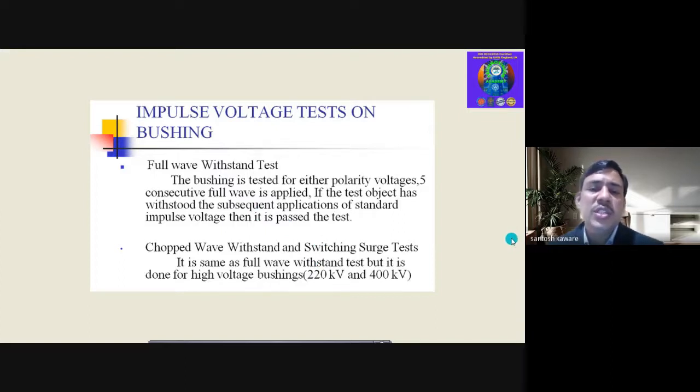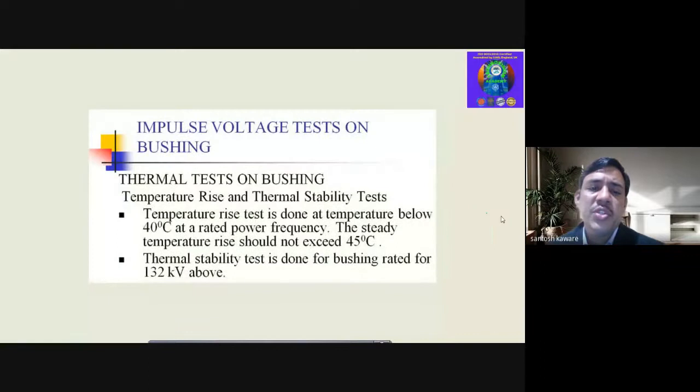There might be some voids that remain whenever you construct any insulator. Some gaps or voids remain inside, and that may lead to some leakages. So during this testing, this can be checked. Then thermal tests of the bushings, how much temperature it can sustain, that also can be tested.